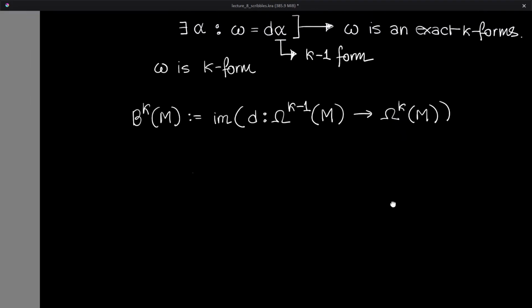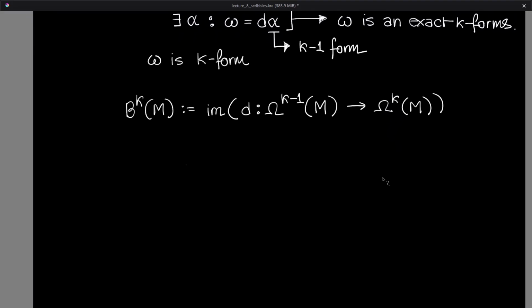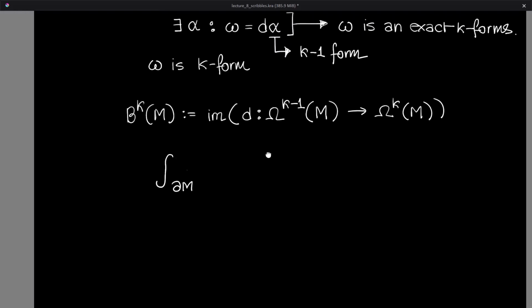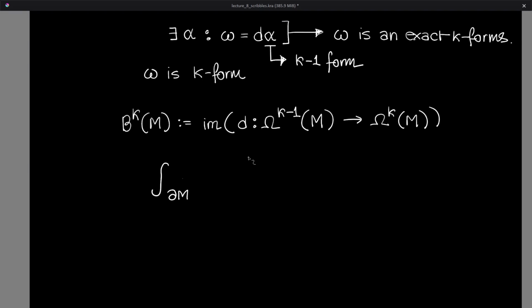So now that we've defined the exact k forms, let's see why this works. If we evaluate this exact k form on the boundary, what do we get?